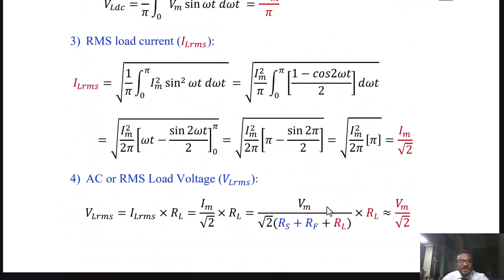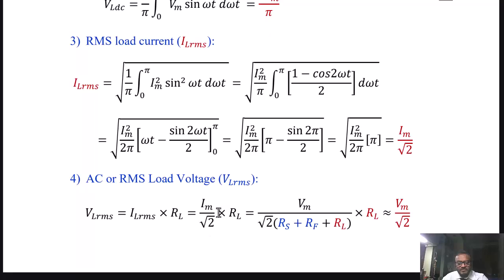Now, the RMS value of the load voltage. Since we know the RMS value of load current, if we multiply it by the load resistance, then we will get the RMS value of the load voltage as per the Ohm's law. So VLRMS is equal to ILRMS into RL.